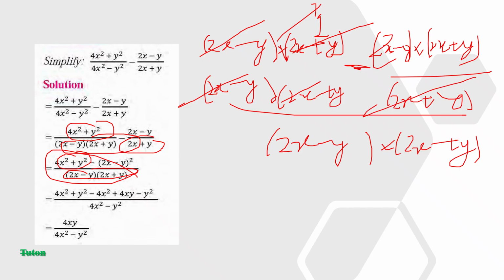The 2x plus y and 2x plus y will cancel each other, and we are left with 2x minus y, which would be multiplied by this term, 2x minus y. Then we are left with 2x minus y squared, which we can see in this step.